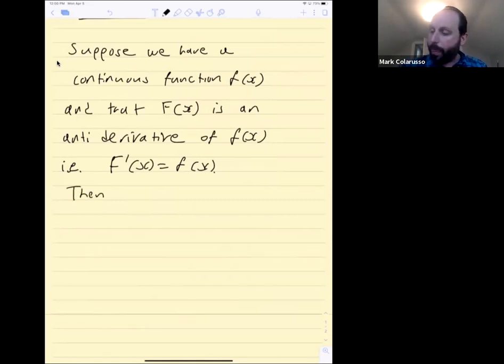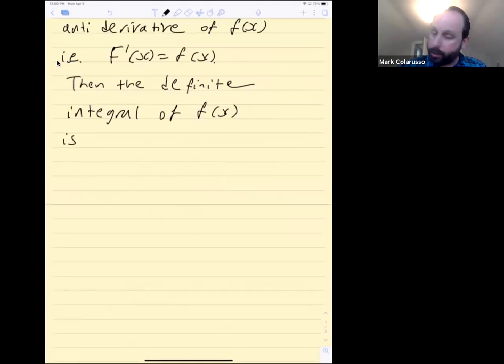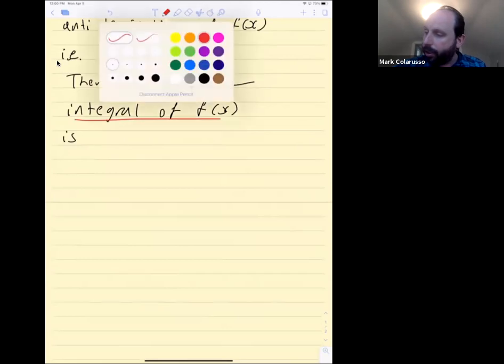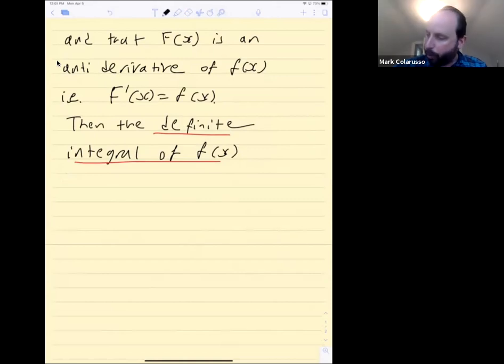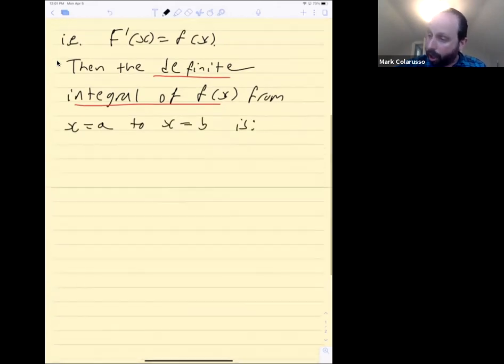So then the net change, then the definite integral, so I'll do the definite integral first, of little f of x from x equals a to x equals b is the following quantity.